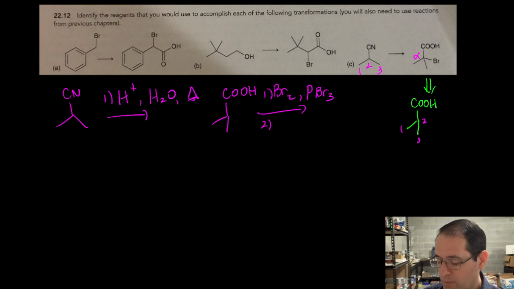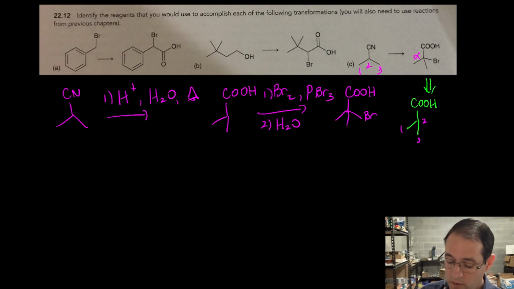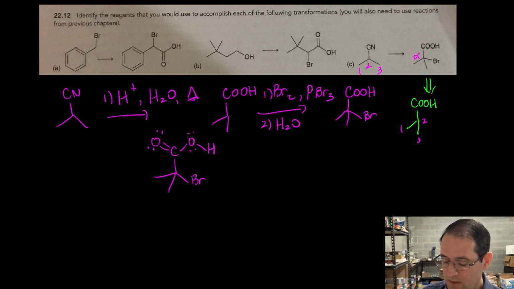Step 2 would be water, and that will give us the target molecule. Let me draw it out. Remember that a COOH group is a COOH group. We have an octet on both oxygens. And so that's how you do some synthesis problems.